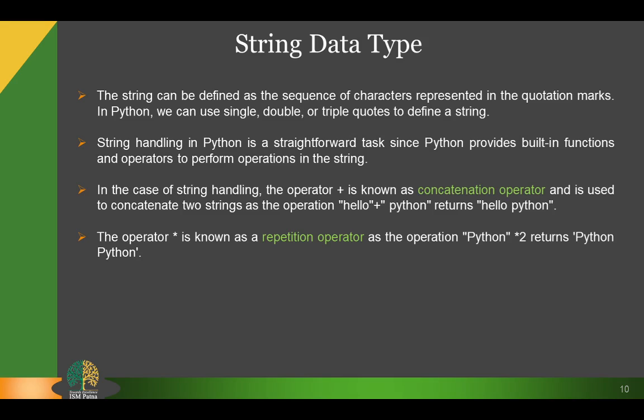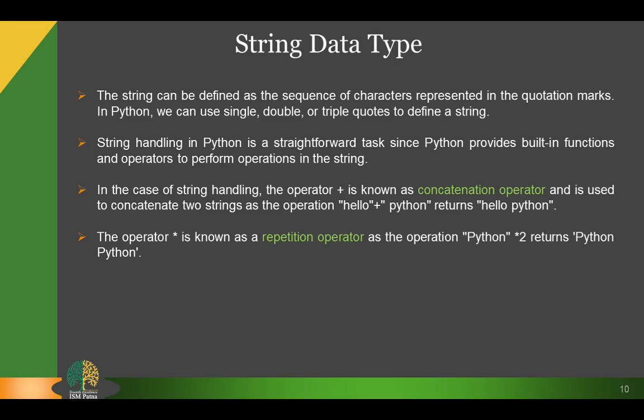The string data type can be defined as a sequence of characters represented in single, double or triple quotation marks. String handling in Python is a straightforward task, and it can be done through different built-in functions supported by Python.